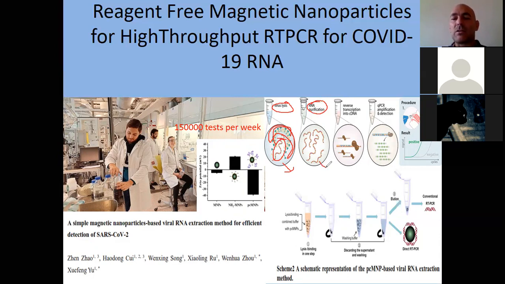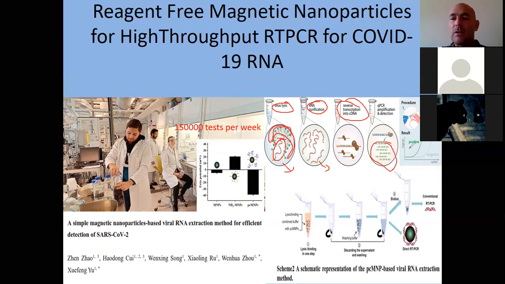But typically the concentration of this RNA is very small. Typically you use a very small amount, 10 microliters, 20 microliters. So what you do is a little bit of biochemistry: you expand this RNA and create more copies of it.